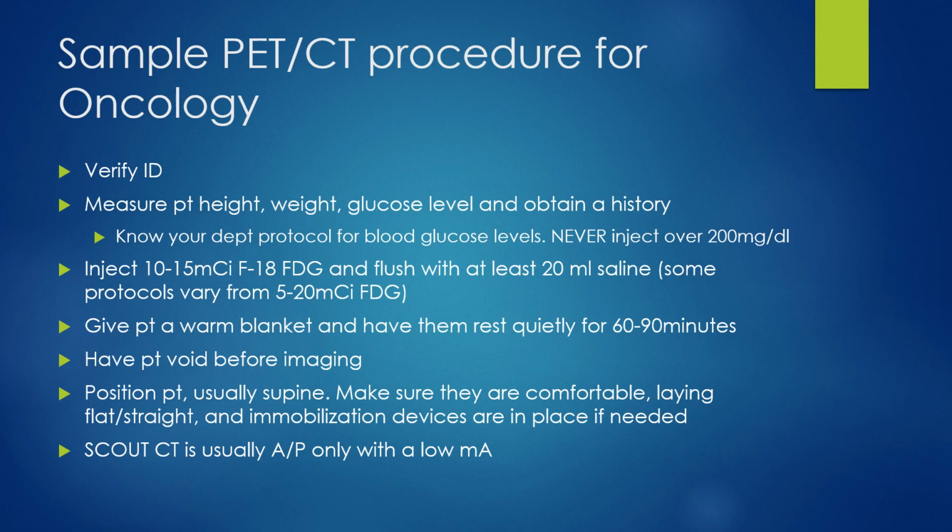And then the first part of the image will be the scout CT. It's usually just an anterior posterior image with a very low mA, and that will allow you to set the parameters for the CT scan for the attenuation correction and also for the PET scan.